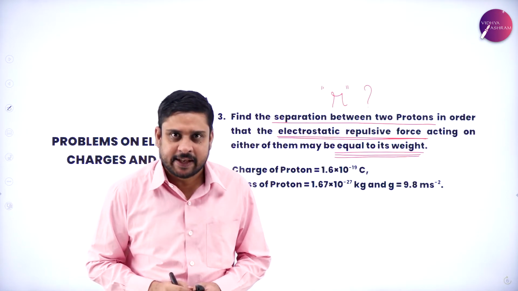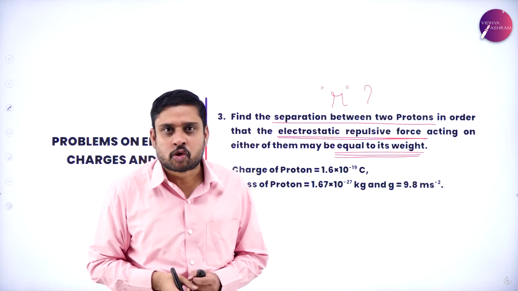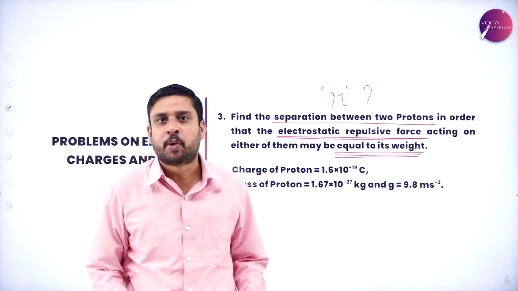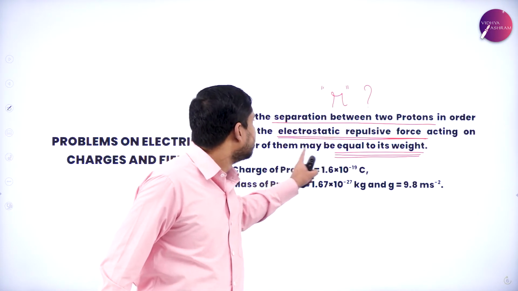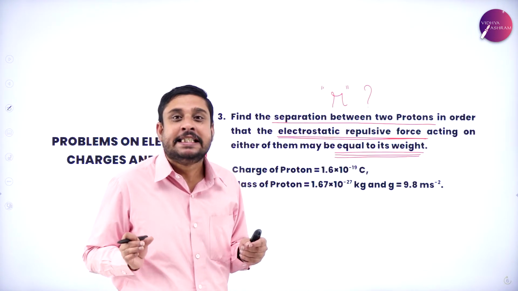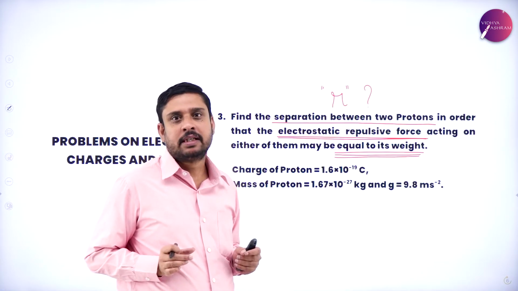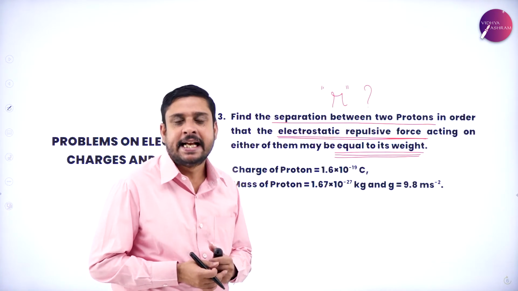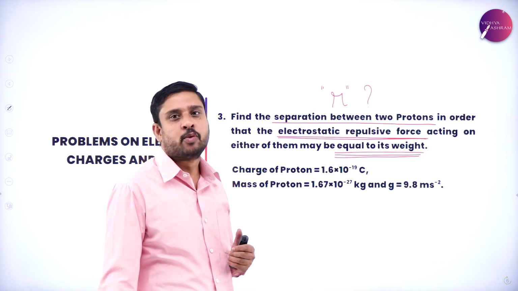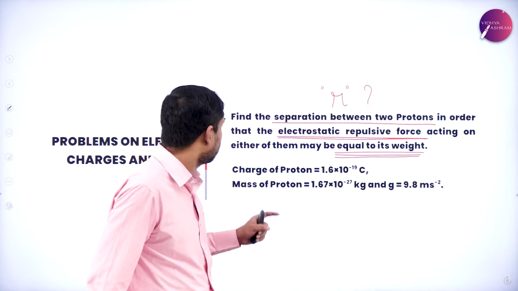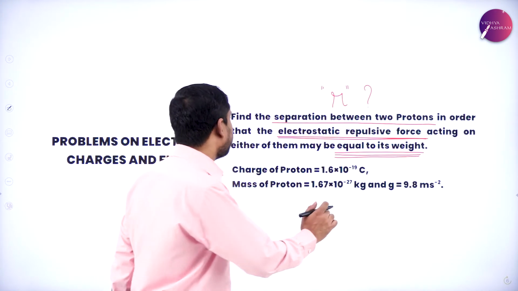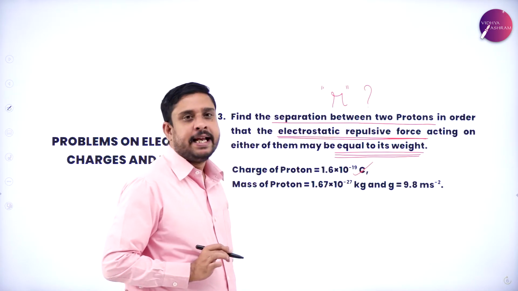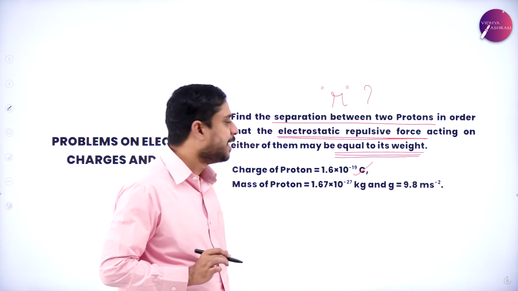So the condition given is the electrostatic force between two protons is equal to the weight of the proton. Under this condition, I have been asked to find the separation between the protons. Charge of each proton is plus 1.6 into 10 power minus 19 Coulomb.